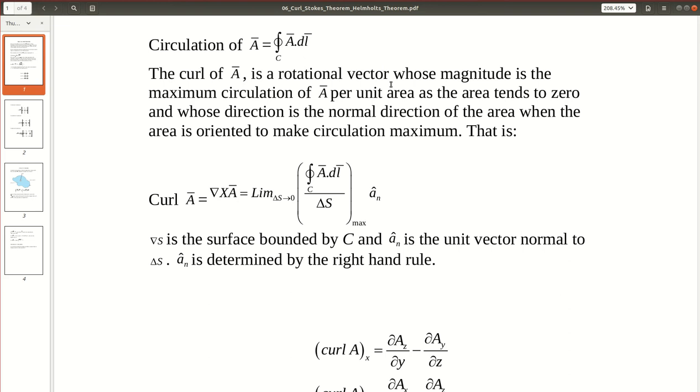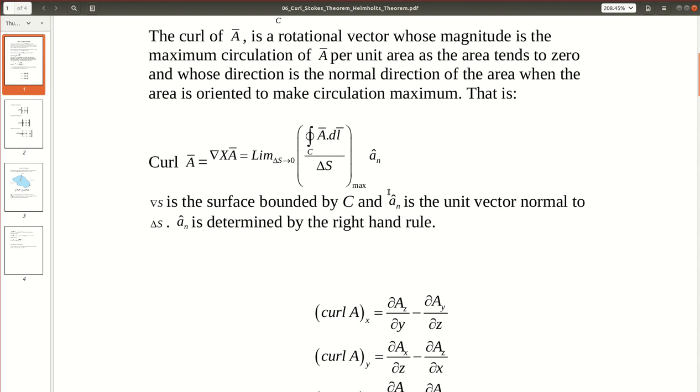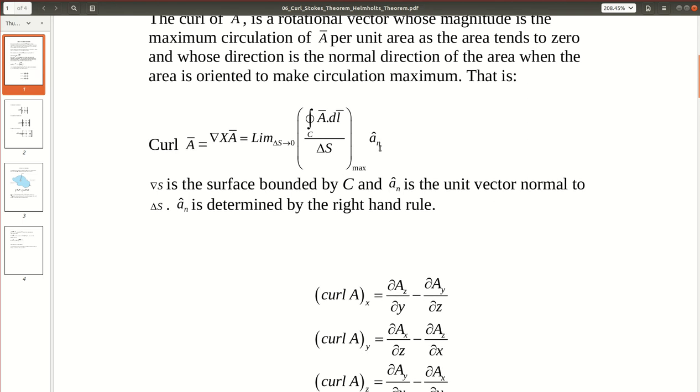The magnitude is the maximum circulation per unit area, where the area tends to be zero, so it will be a point again. The direction of the area is going outside of the area, it's AN. Here we apply the right hand rule to find the direction.